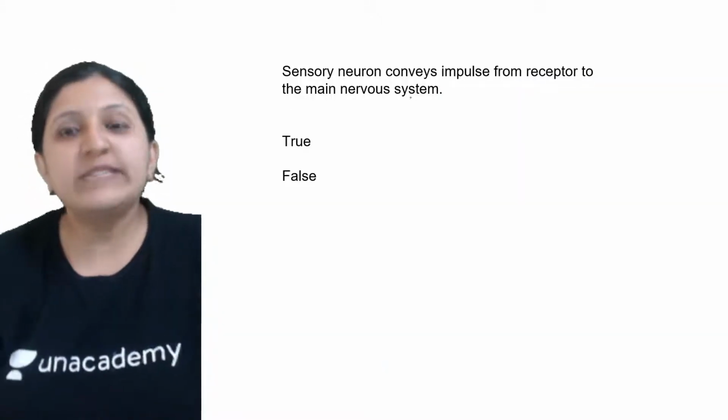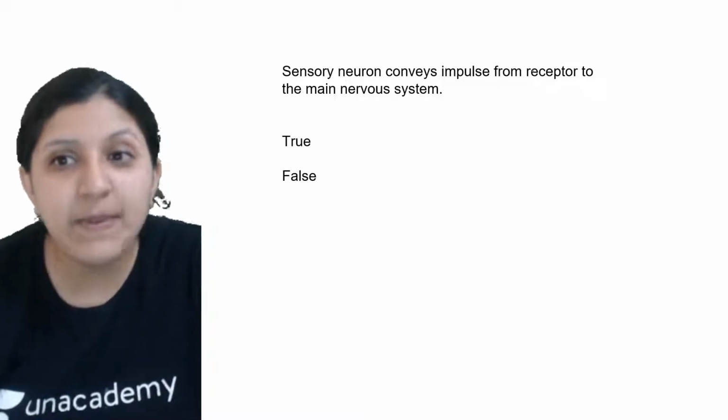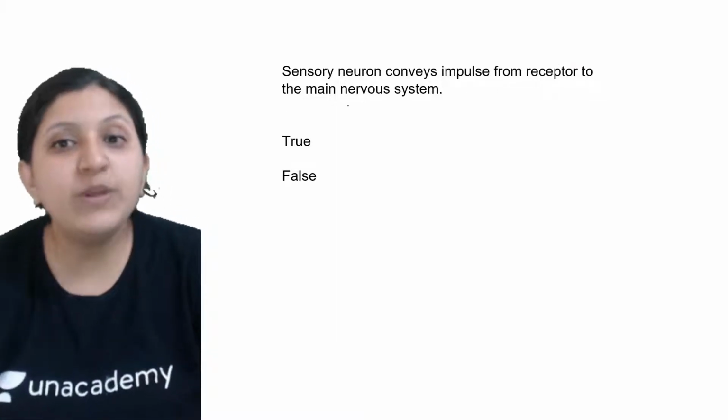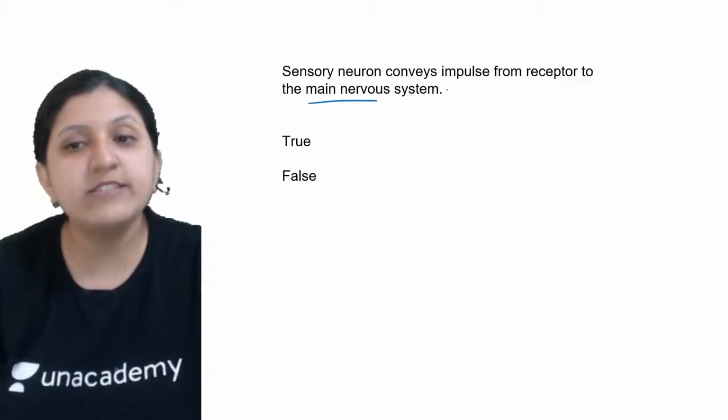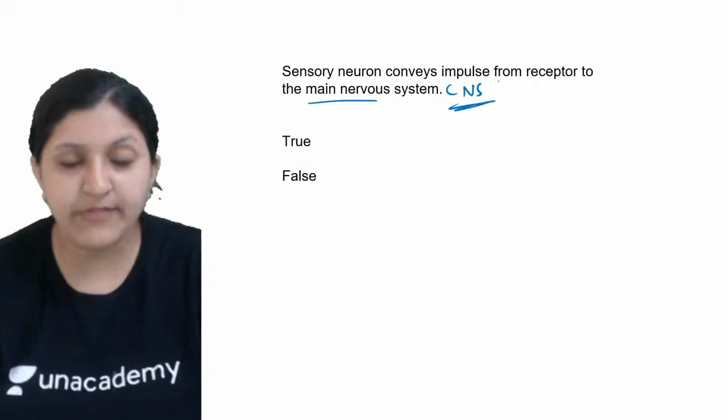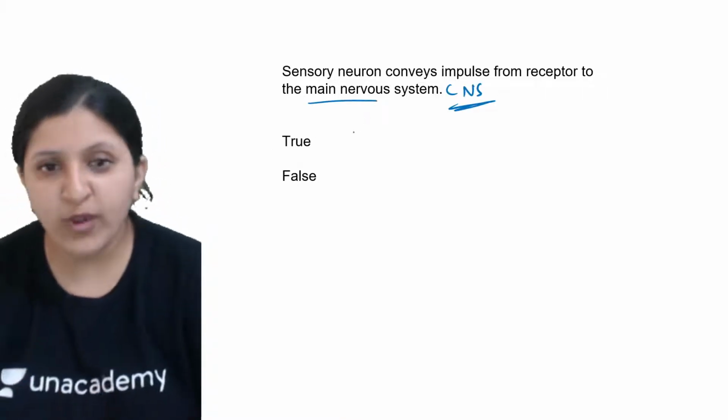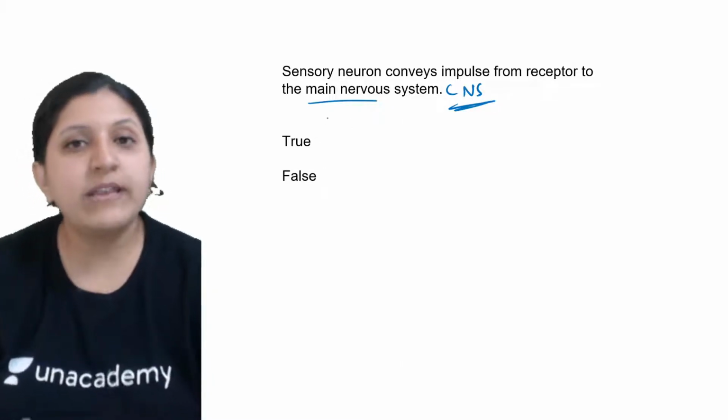Okay, sensory neuron conveys the impulse from receptor to the main nervous system. So what is the main nervous system? It is the central nervous system itself. Whether it is true or false, here this one is true.